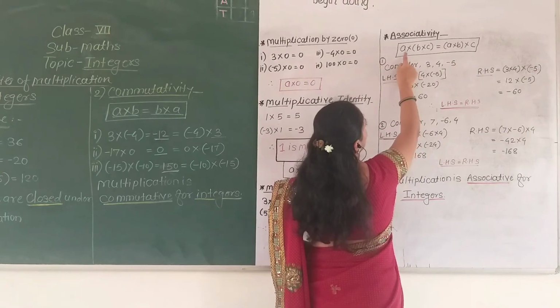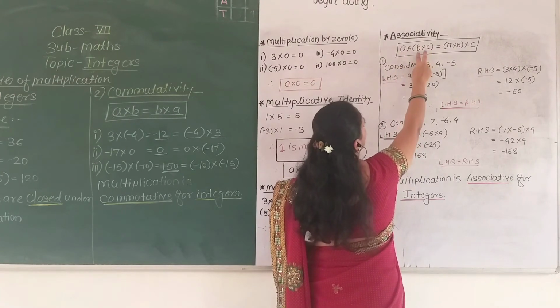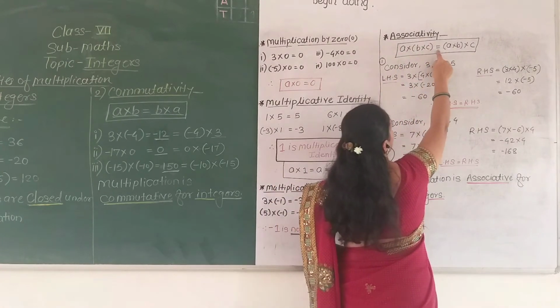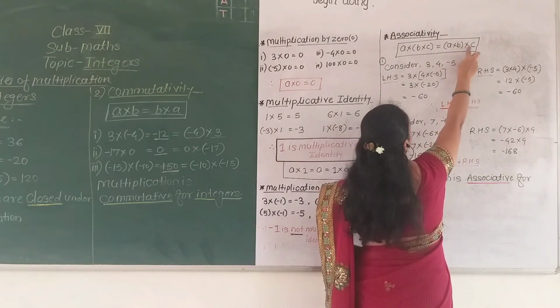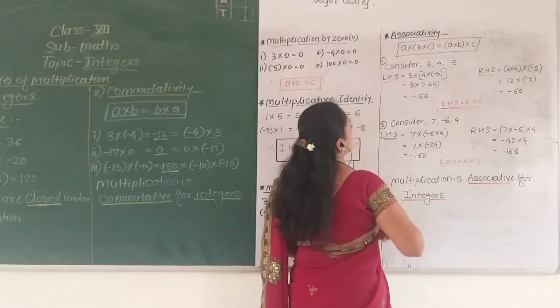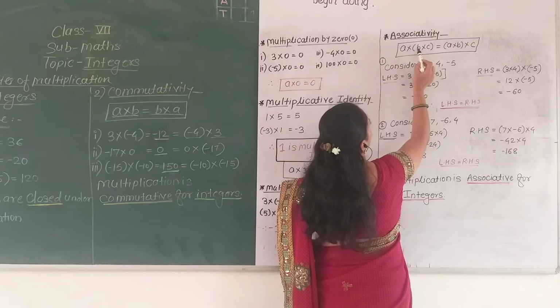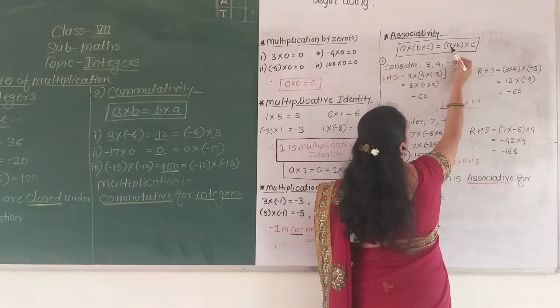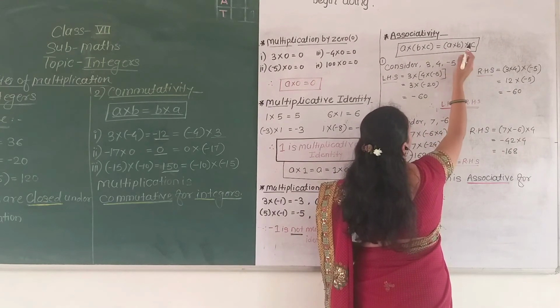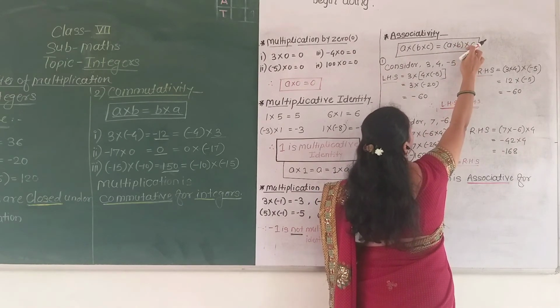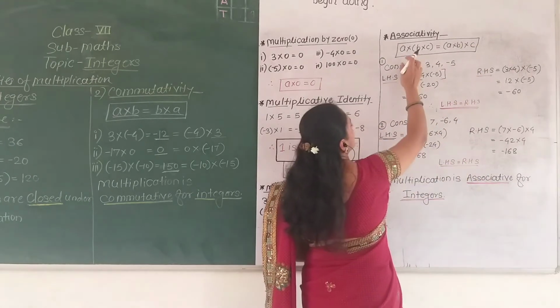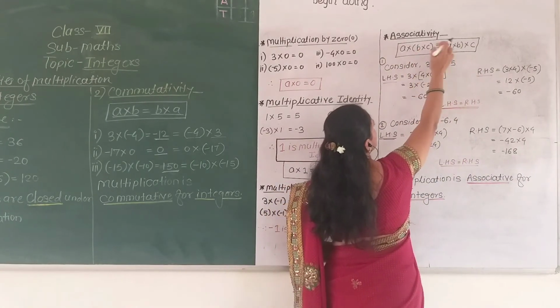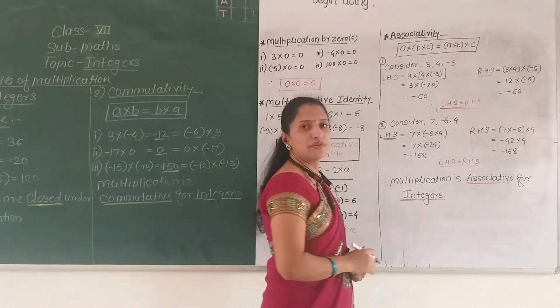So we have to check if A into (B into C) is equal to (A into B) into C. That means here I make a group of B and C and then multiply this group with A, and in the RHS I make the group of A and B, and after that I multiply with C. We have to check whether LHS is equal to RHS or not.